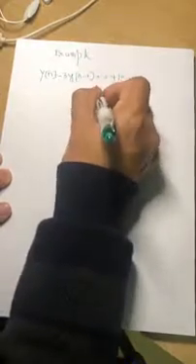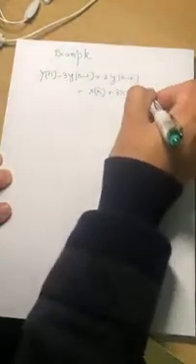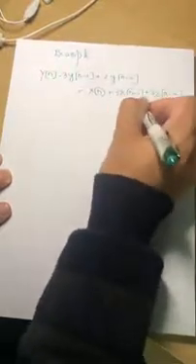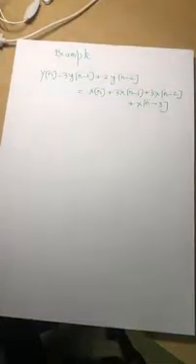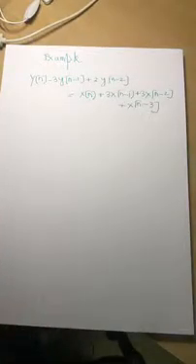Let's say the difference equation given to you is y of n minus 3 y of n minus 1 plus 2 y of n minus 2 is equal to x of n plus 3x of n minus 1 plus 3x of n minus 2 plus x of n minus 3.